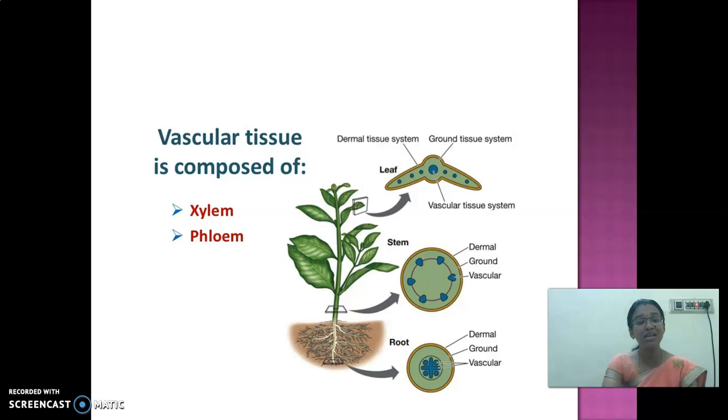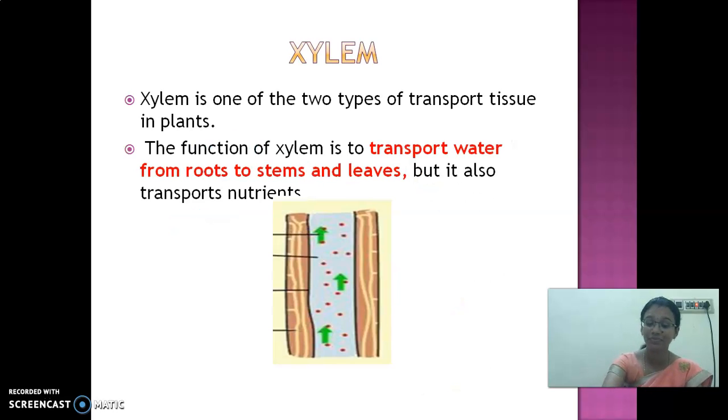Okay, what do you mean by xylem and phloem, children? Look here. Xylem is one of the two types of transport tissue in plants. So, the xylem and phloem are used for the process of transport. The function of xylem is to transport water from root to stem and leaf, but it also transports nutrients.